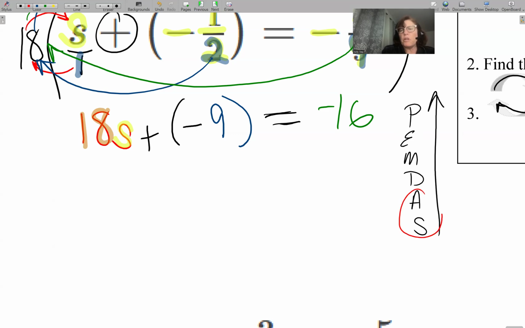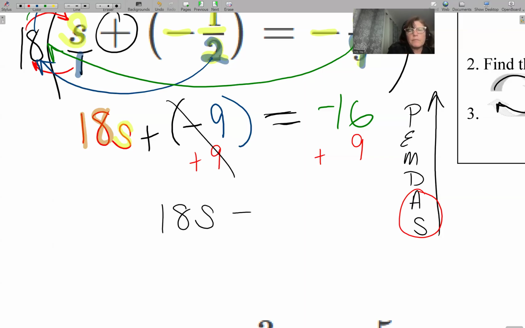So we do addition and subtraction first. The opposite of negative 9 is we're going to add 9. And that's basically 16 minus 9. So 9, 10, 11, 12, 13, 14, 15, 16. That's 7. That's going to be negative 7.